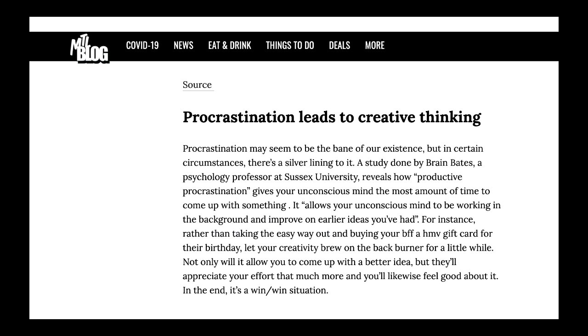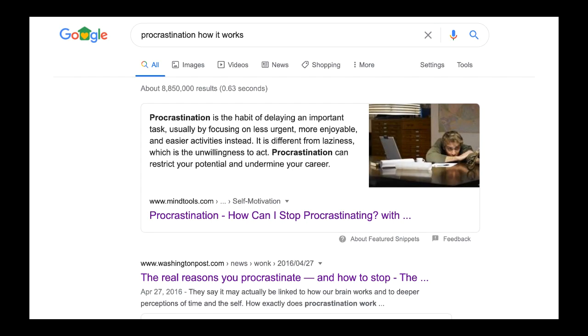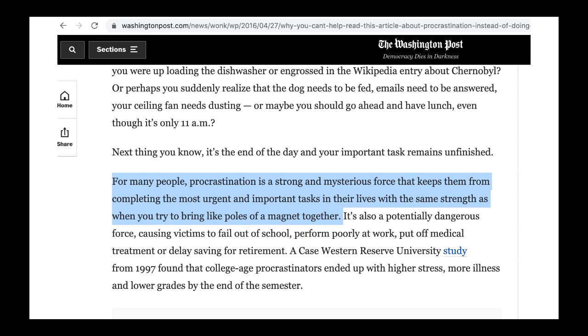So here's one that I went to. It's about procrastination. And it says, surprisingly, procrastination leads to creative thinking. Well, why would that be a surprise? So I Googled, how does procrastination work? And I went to one article. I couldn't find any metaphors in it. But then I went to this one, the real reasons you procrastinate. And I found a metaphor here.